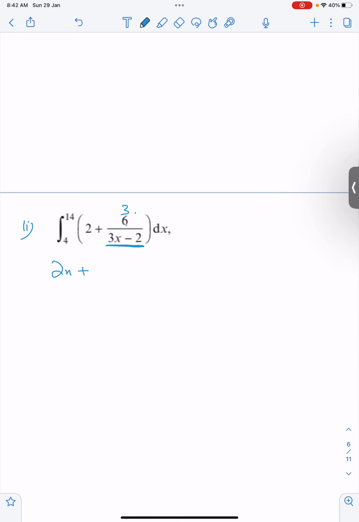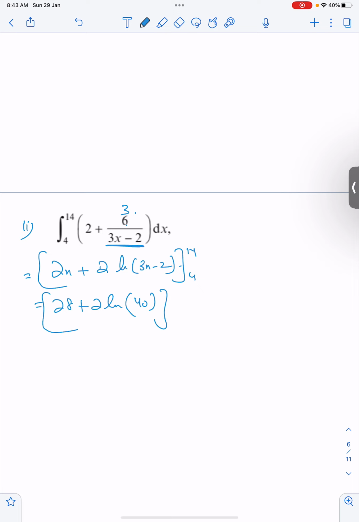That means that 2 is extra here, so I can take it out and then write ln of 3x minus 2, and then put the boundaries of 14 and 4. We don't have to use a calculator here. 2 times 14 is 28 plus 2 times ln of 3 into 14, which is 42 minus 2 is 40. This is the first bracket.